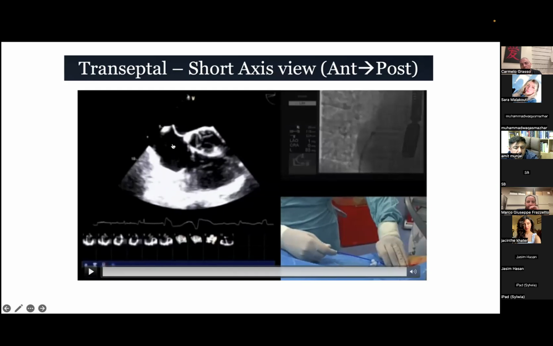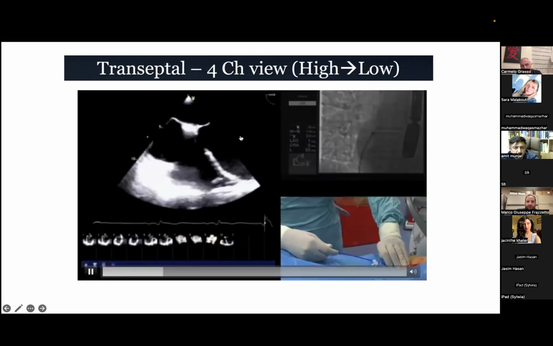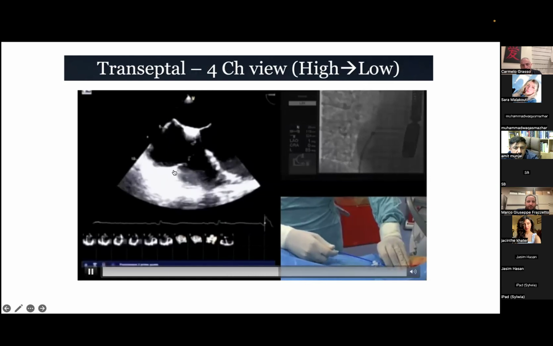So we move clockwise to go posterior with the needle, toward the posterior portion of the fossa. Then at this time we change view. We have a 4-chamber view, in which I don't know if you can see the video moving.